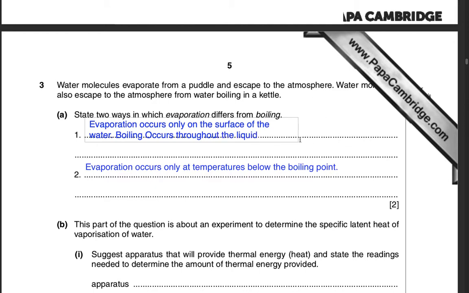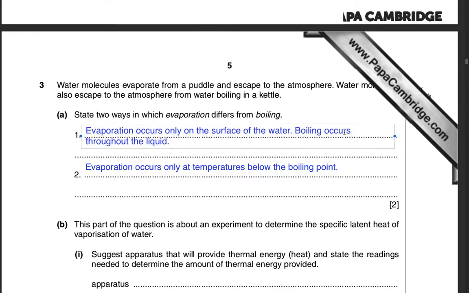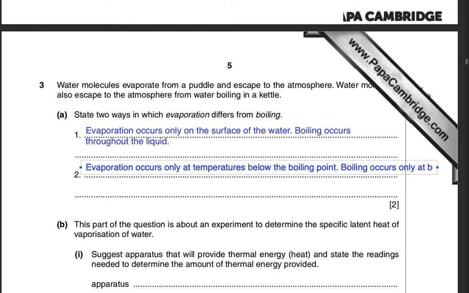Of course, it would be okay if you didn't say that. So that should not have been capital. Whereas in boiling, it occurs only at boiling point temperature.